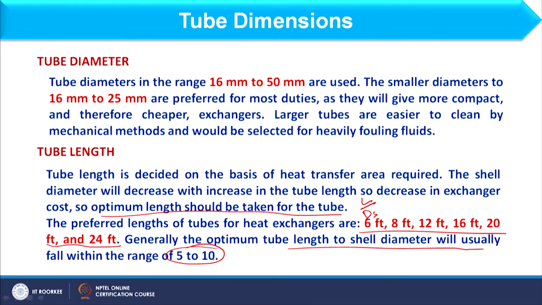Tube length and shell diameter should be within 5 to 10 ratio. Okay. If it is within this, we can consider that your length and diameter are fixed. If we have this ratio, then we can say that the length and diameter which you have chosen is correct, right. But here you should keep in mind that I am taking the ratio of shell dia, not the tube dia. Okay.